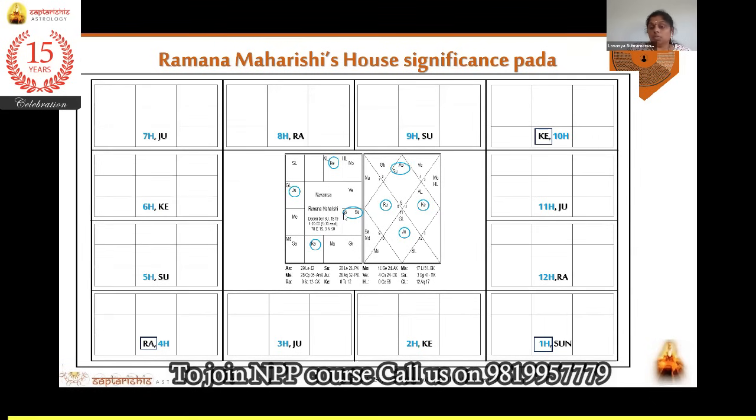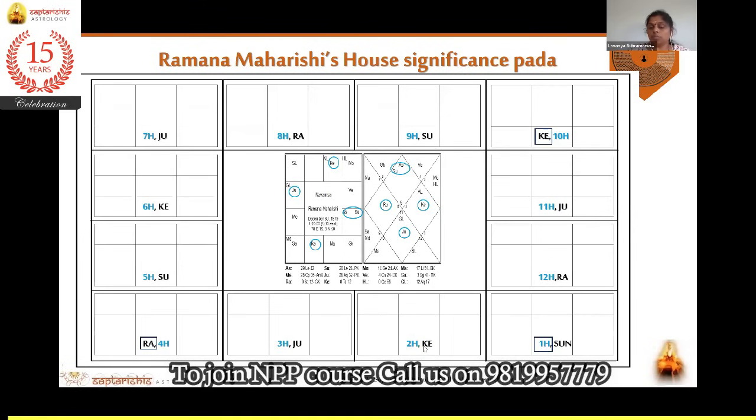So we already covered the Dharma Trikon, which is 1, 5, 9, will have the influence of Sun. Same way, now we go to the Arthatrikon, which is 2, 6, and 10. That will have Ketu here.